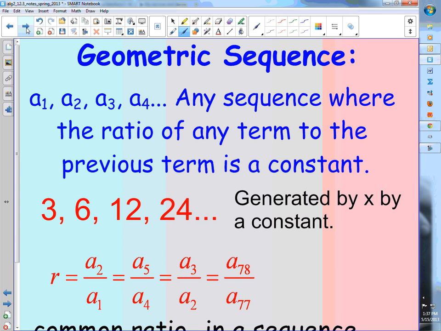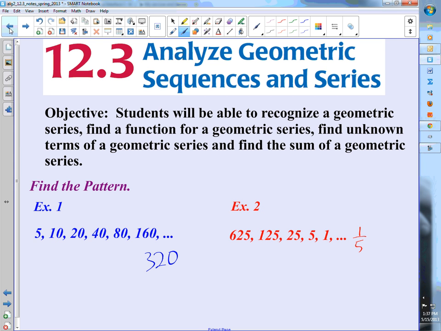All right, so we're looking at these sequences. This one you're multiplying by 2. This one you're dividing by 5. Just like with the arithmetics where I said stay away from subtraction, stay away from division. Change division to multiplication. So dividing by 5 is the same as multiplying by 1 over 5. 1 over 5, 1 over 5.